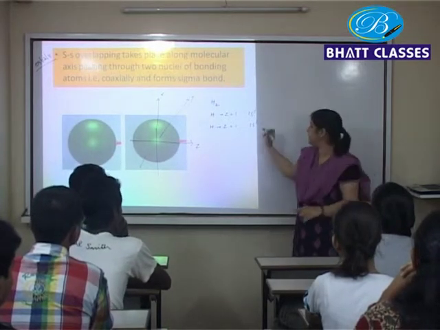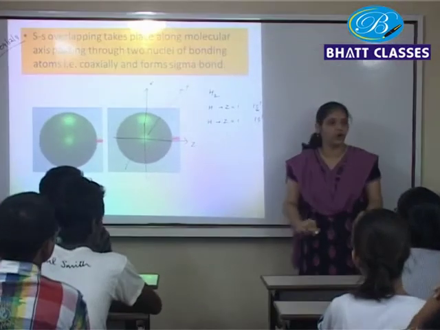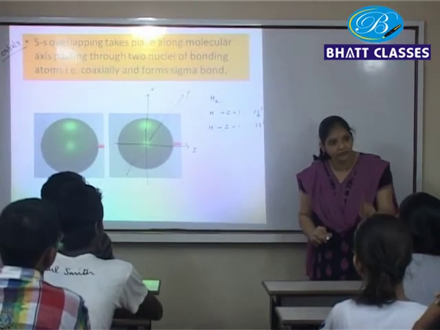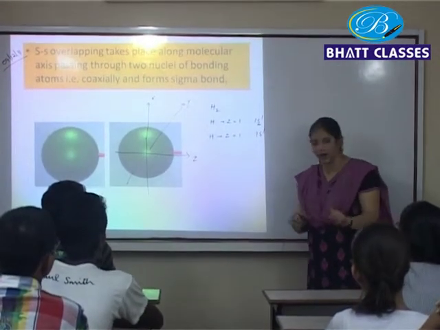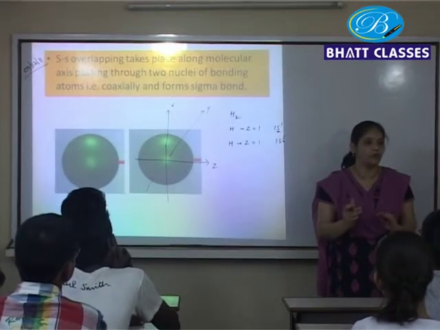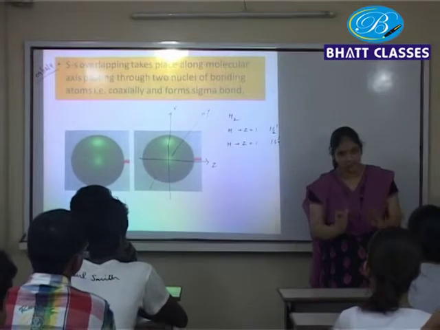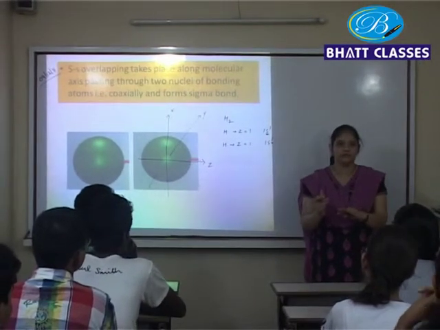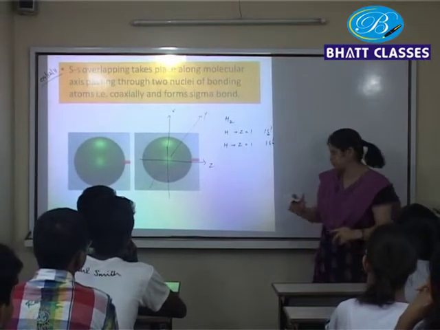It should be, my atomic orbital should be half filled. It should be half filled and they should be present in which form? Unpaired form and opposite spin.